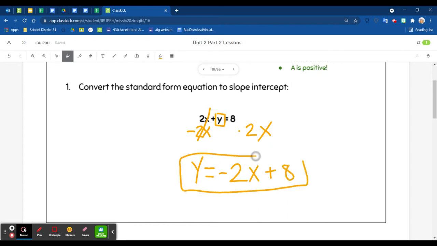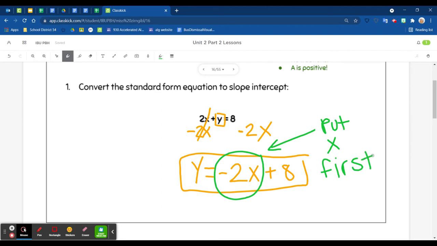Now, what is way more important is that although you are subtracting the 2x on the end, you want to put it first. That's so we don't get confused by what our slope is and what our y-intercept is, right?